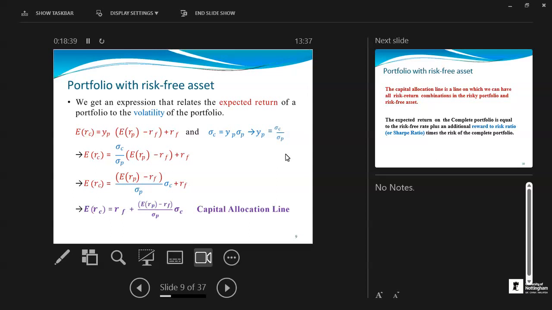RF. But if you choose to invest in a risky portfolio, and why would you choose to? You will only choose to invest in a risky portfolio if you get compensated for taking on the higher risk.